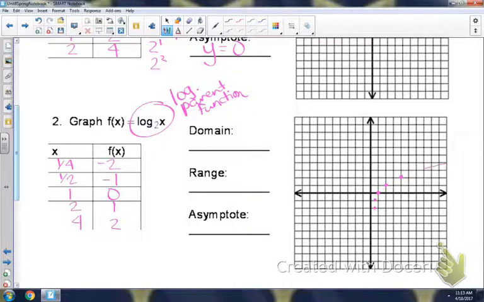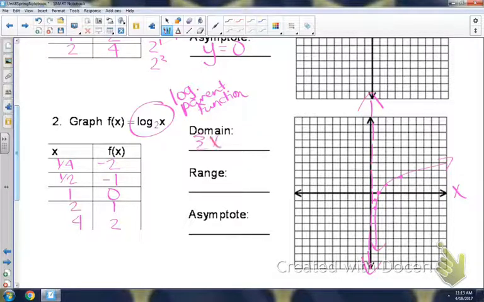So notice this time that this is approaching the y-axis, so you have a vertical asymptote whenever you have a log function. You're going to need to know that. So exponential is approaching the horizontal asymptote, and then your log function is approaching the vertical. So notice the domain. Look at the x-axis. It's only using positive values.